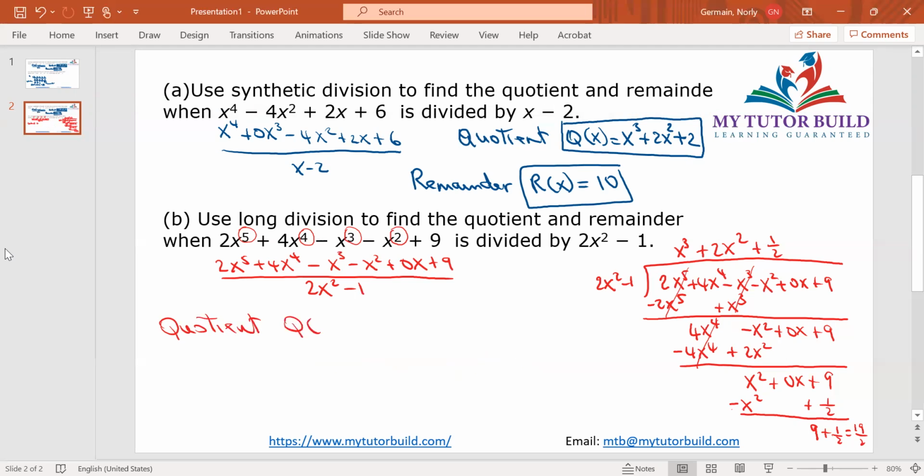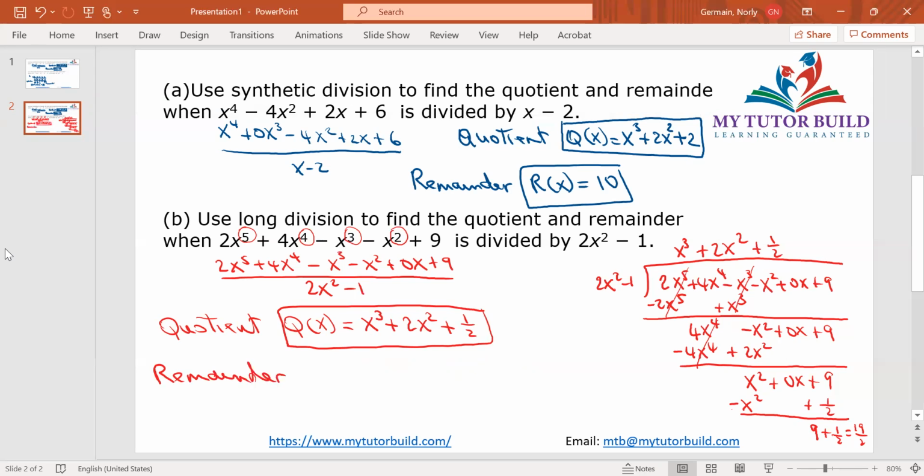That we can call Q of x, equal x cubed plus 2x squared plus 1/2. This is the first question we answer. And the second question is to write down the remainder.